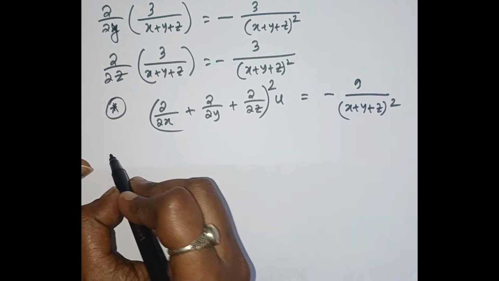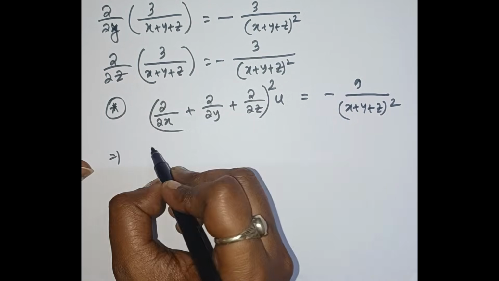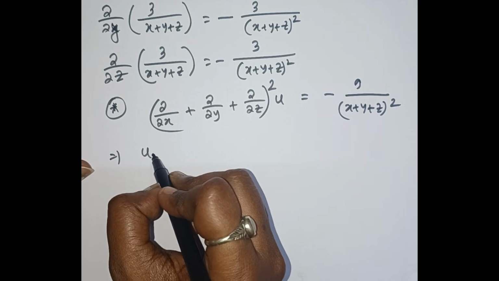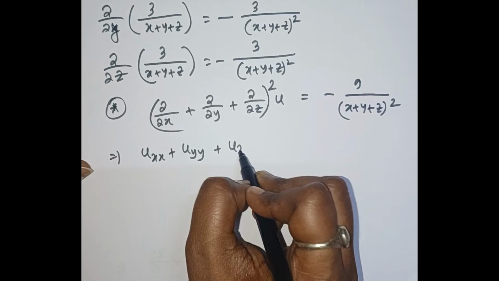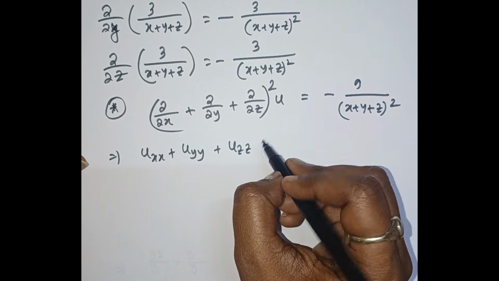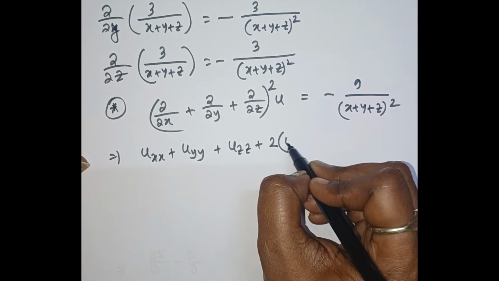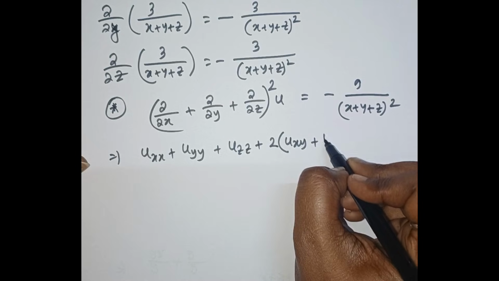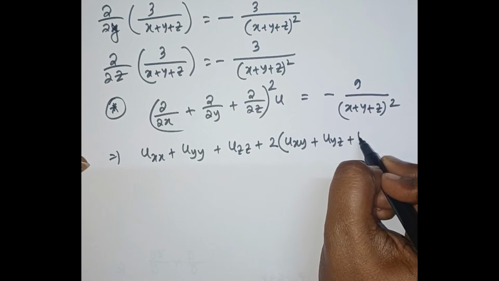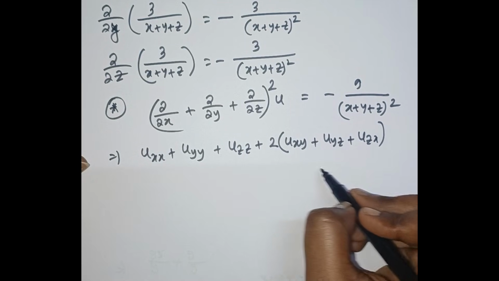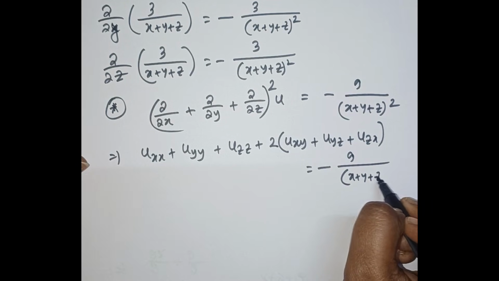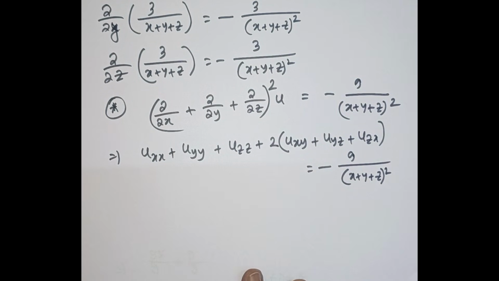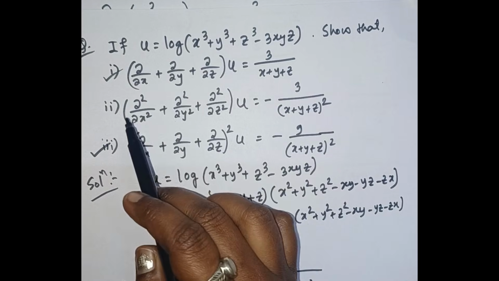This we can get from part 3. So if you expand this, the formula is uxx plus uyy plus uzz plus 2 into uxy plus uyz plus uzx, or you can write it as del 2u del x2, del 2u del y2, del 2u del z2 in this way. And the right hand side is minus 9 by x plus y plus z whole square.